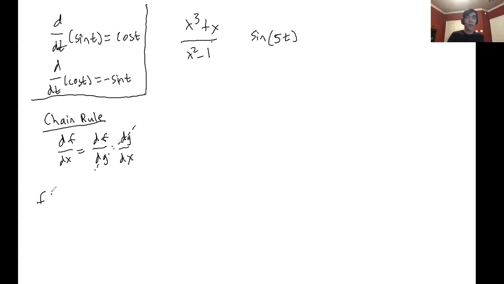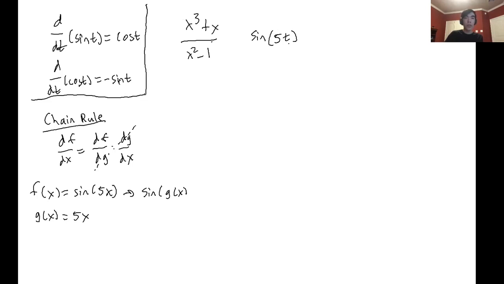Let's say f of, why don't I just use this sine of 5t example over here. Let's let f of x be sine of 5x. We know how to take the derivative of sine of x, but we don't know sine of 5x. So what we're actually going to do is take g of x to be 5x. And then f of x is actually just sine of g of x.